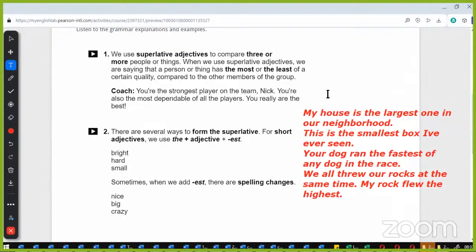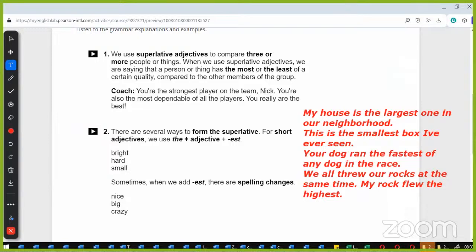To form it, there are several ways. We could say the plus the adjective plus est, like the brightest, the hardest.